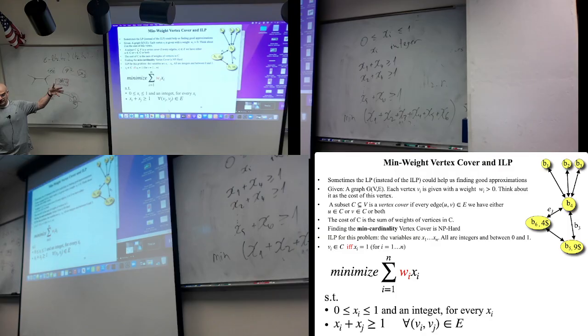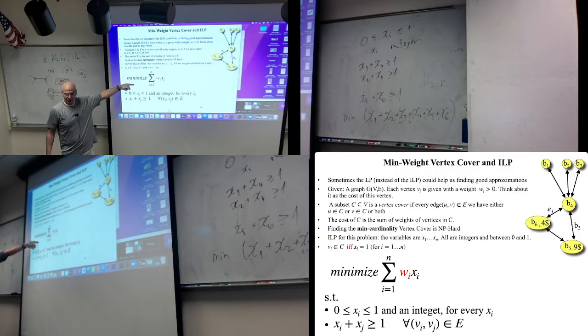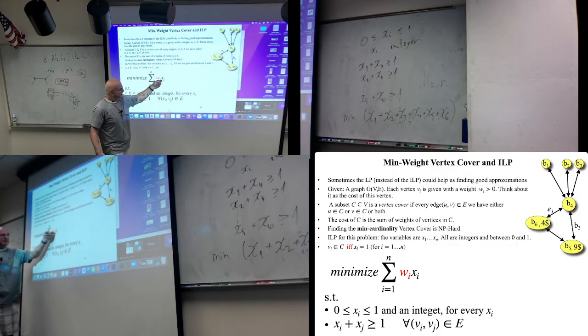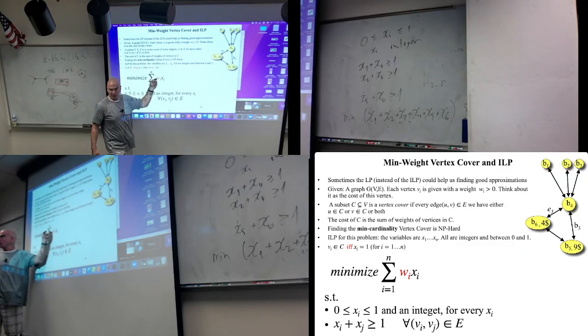So if I want an exact solution for the weighted vertex cover, all I can do is to solve the ILP exactly. And the ILP, because it's NP-hard, maybe it will run in reasonable time, maybe not, depending on the complexity and the input. But there is another thing that I can do. Again, I'm willing to settle for a factor 2 approximation: solutions for which the sum that I'll pay will not be more than twice the optimal solution.